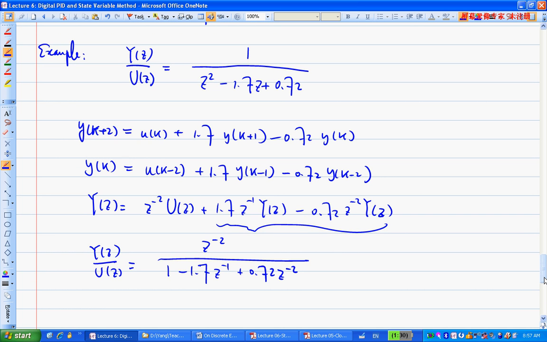This is equivalent to multiplying both the numerator and denominator by z to the power of 2. What do we get for the top? It's 1 here, z squared here, z here, and 0.72 here. So that's what I showed here.